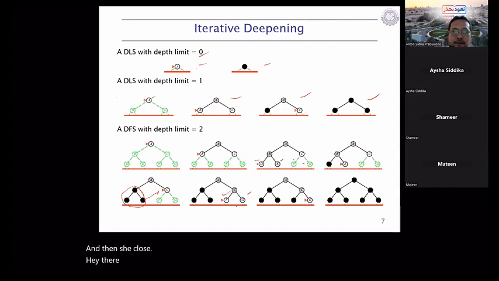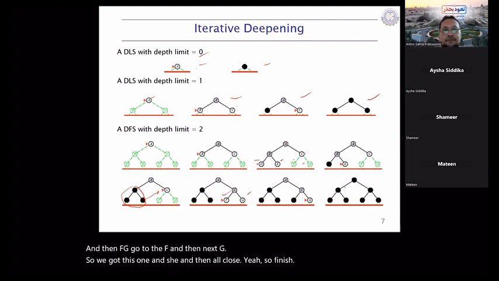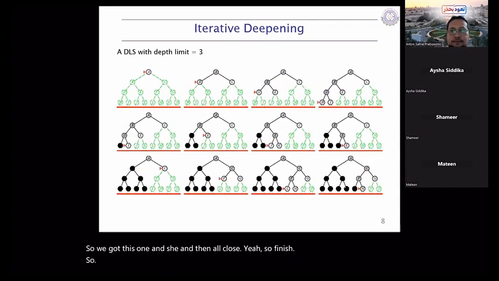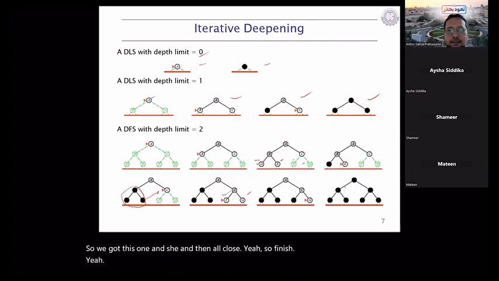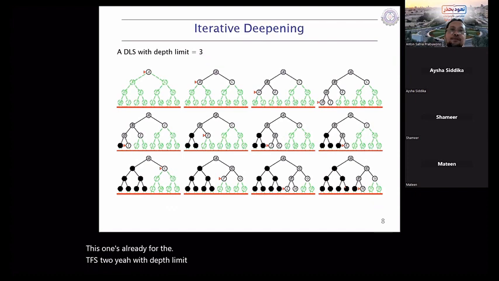We go to F, and then G, and then all close. So finish. This is already DLS with depth limit 2. Now what happens with depth limit 3?